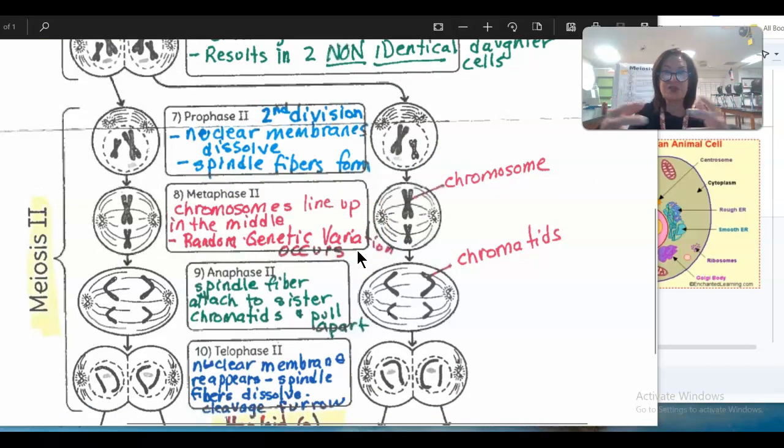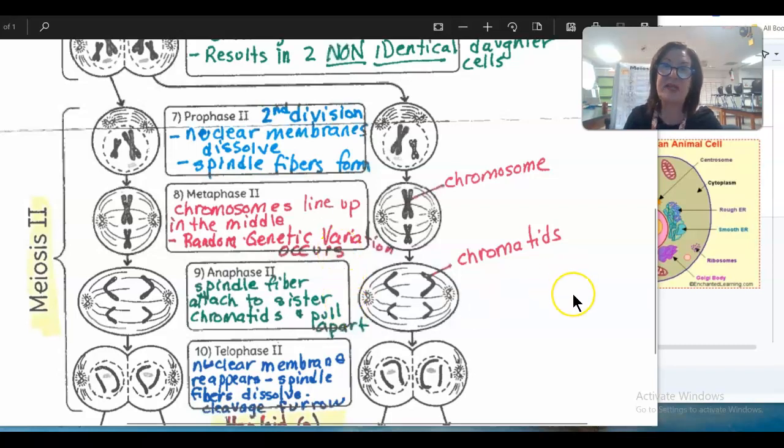In metaphase 2, in both of the cells, we are lining up in the middle with the spindle fibers helping facilitate this. All right, so chromosomes line up in the middle, and there's still, again, more random genetic variation here because it depends on how we're lining up. That's going to make a difference. Some chromosomes could line up in one order and others in another order, so there's variation there as well.